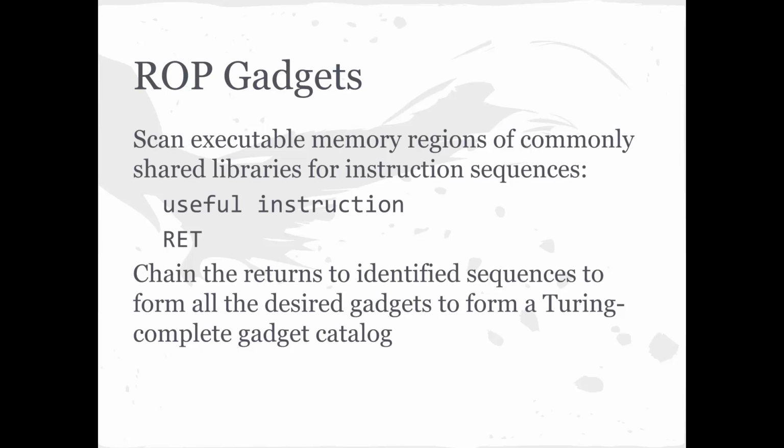And then by forming a catalog of these instructions, you can have a compiler on the front end of the catalog that takes a higher level language and compiles it down into ROP gadgets that functionally is equivalent to what is specified by the higher order language.